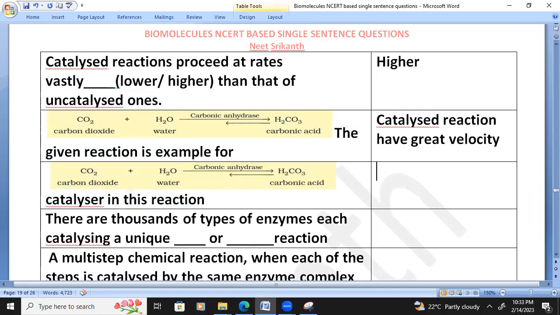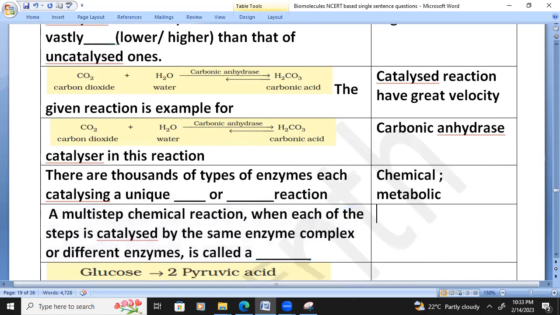The catalyst in this reaction is the carbonic anhydrase enzyme. There are thousands of types of enzymes, each catalyzing a unique chemical or metabolic reaction.